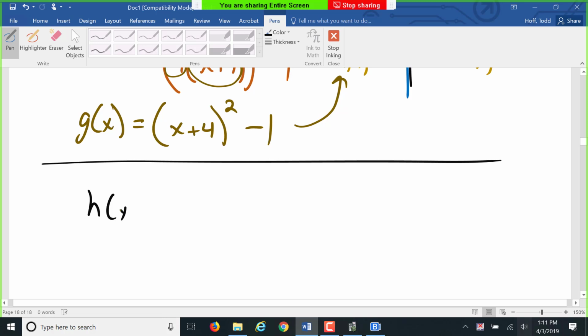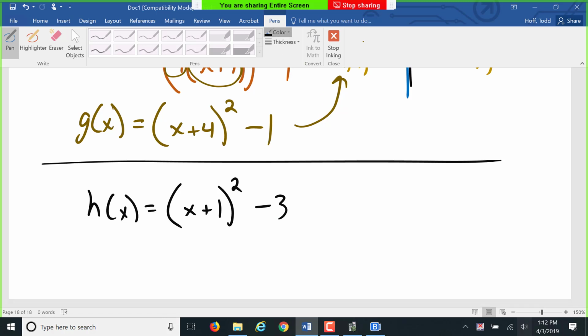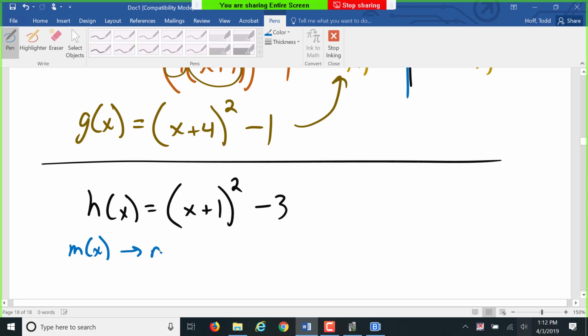If I have h of x equals (x plus 1) squared minus 3, to reflect that about the y-axis again, we'll let m of x be the reflection.